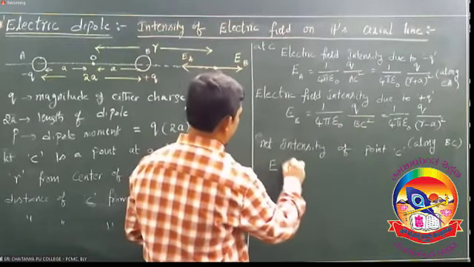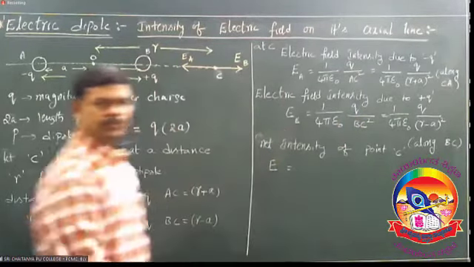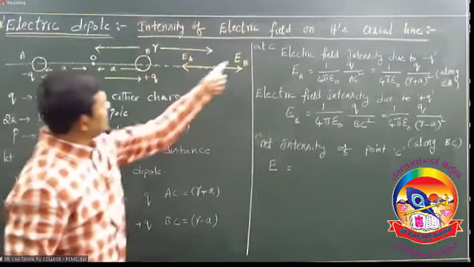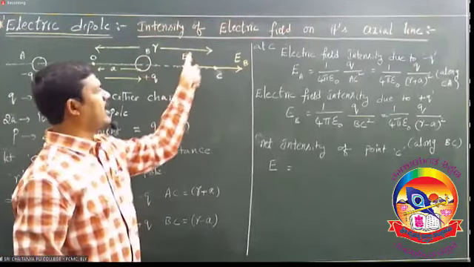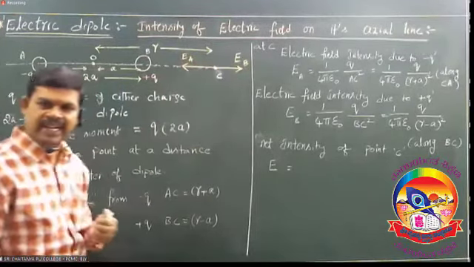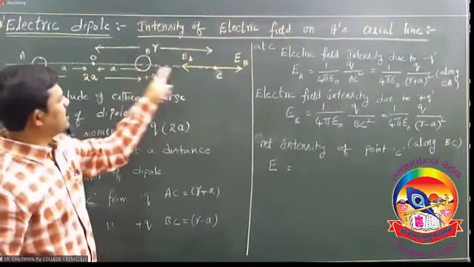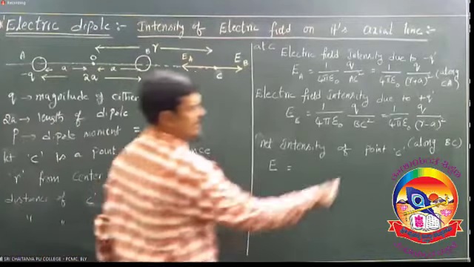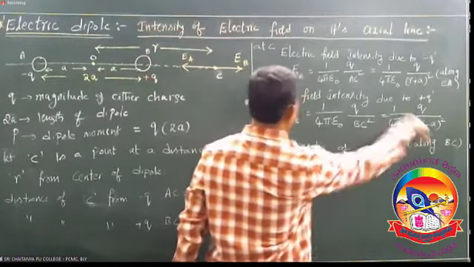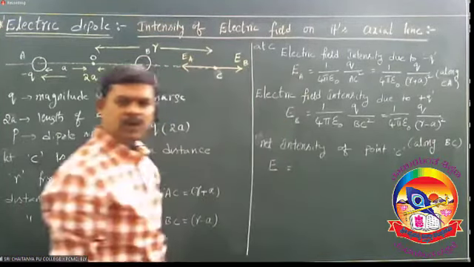E net is equal to, come on, is it EB minus EA or EA minus EB? Which is greater? Charges are same. From this charge, distance is less. If distance is less, intensity is more.